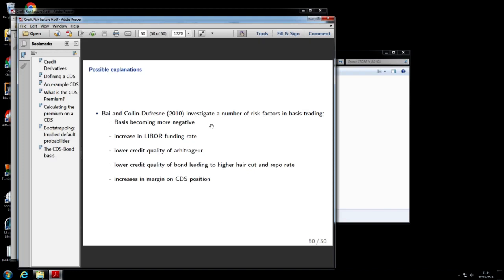So in a frictionless world, forgetting about CDS, y includes the probability of default. y minus r is the credit default spread. So this should be equal to the CDS.